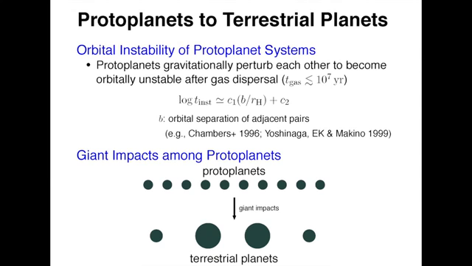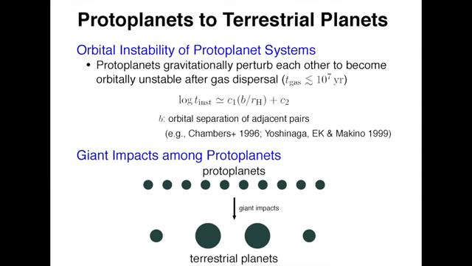From observations, we know the disk lifetime is maybe less than 10^7 years, right? After this time scale, the system becomes gas-free. Then from numerical experiments, we know empirically that the time scale given by this equation, with this semi-log dependence, is when the system becomes unstable.